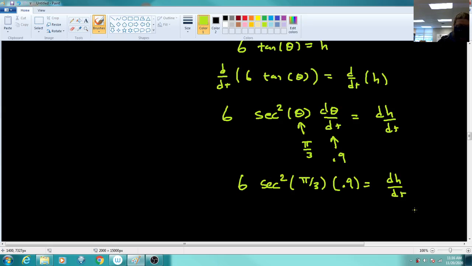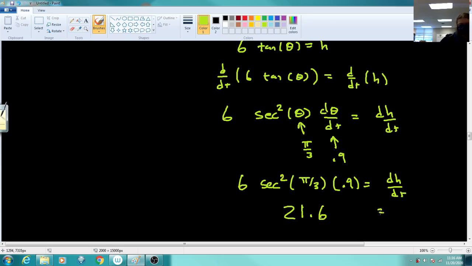So we get 6 times, let's see, secant is 1 over cosine, so that'd be 1 over cosine of pi over 3, squared, times 0.9. And we end up getting 21.6.